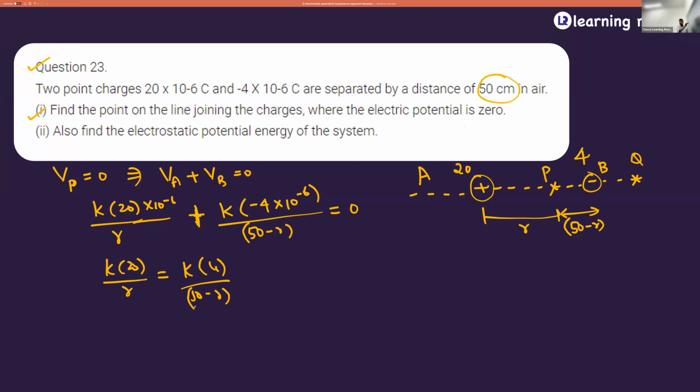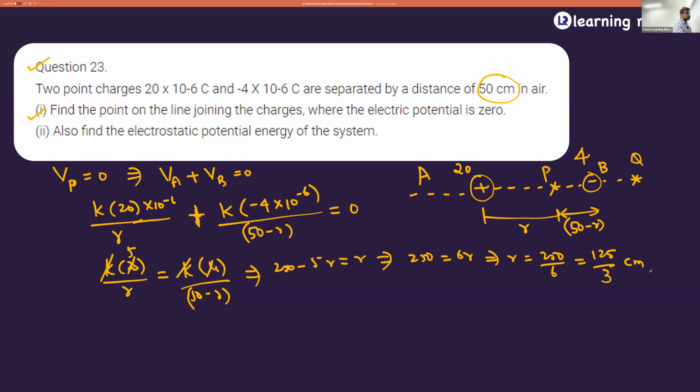This minus 4 will go to the other side as plus 4. So 4 will cancel 20, 5 times. K and K are gone. Cross multiply. You will get 250 minus 5R is equal to R, which implies 250 is equal to 6R, or R is equal to 250 divided by 6, or this can also be written as 125 divided by 3 in terms of centimeter.